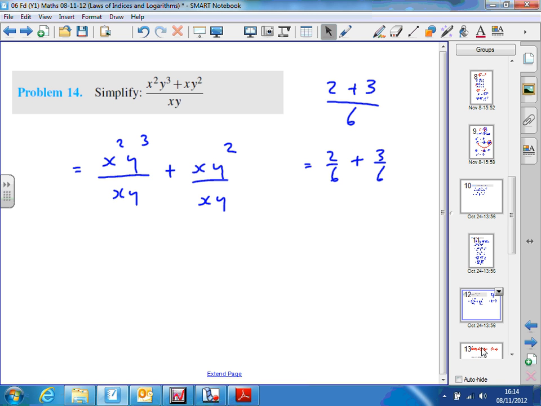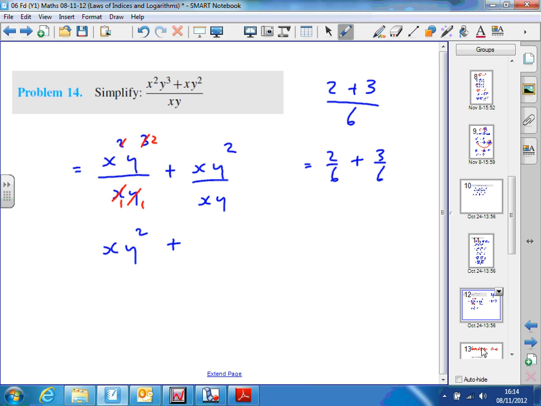I can either use the laws of indices, because looking at the x's, 2 take away 1 is just 1, x. Looking at the y's, 3 take away 1 is 2, so y squared. Or I can think of it as, well, let's cancel this x with one of them, leaving just x. Let's cancel this y with one of those to leave y squared. So this becomes xy squared. What about the next term?